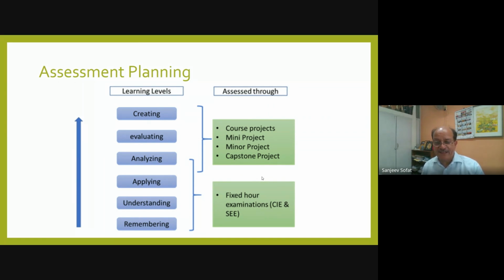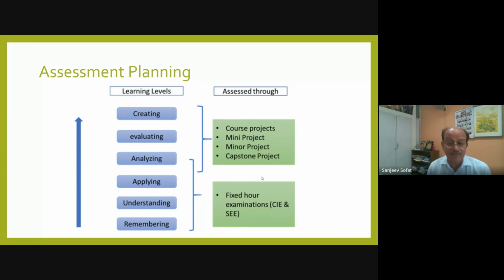Remembering, understanding, and applying, to some extent analysis, is a fit for our examinations, while analysis, evaluate, create are assessed through a capstone project or a mini project. The moment I take him to the higher levels, I'm testing him at the higher levels. So this is how you have to plan your assessment. This is what Bloom says.